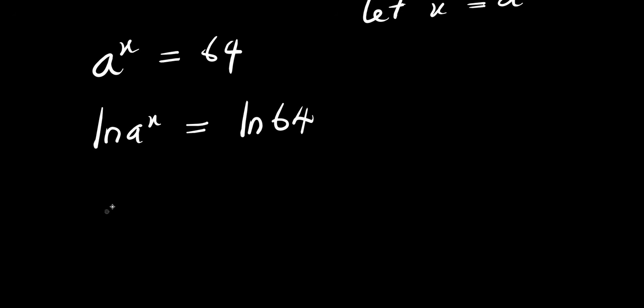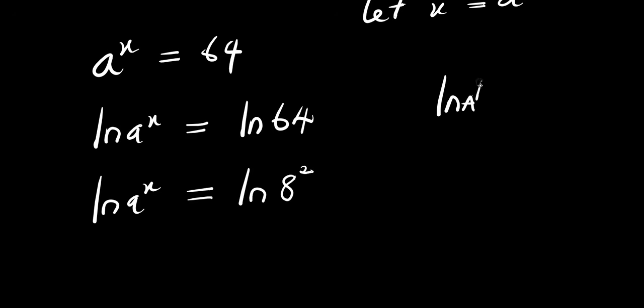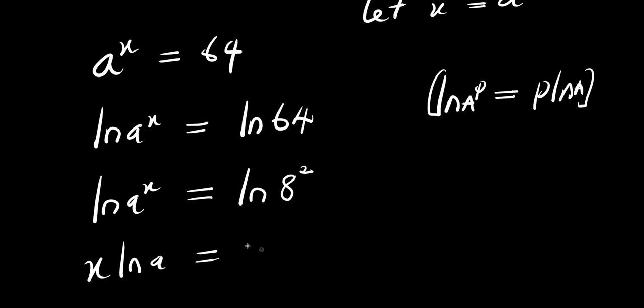Now from here, I can have natural log of a power x equals natural log of 64. 64 is the same thing as 8 times 8, that is 8 power 2. Now if you have natural log of a power p, this is p times natural log a. So this will give us x times natural log of a equals 2 times natural log of 8.